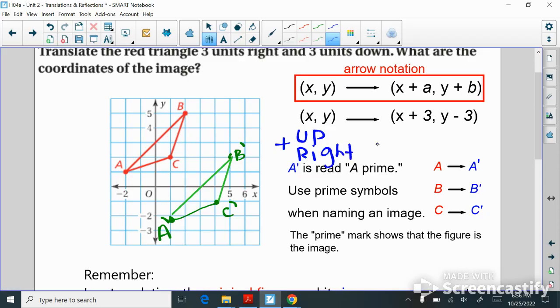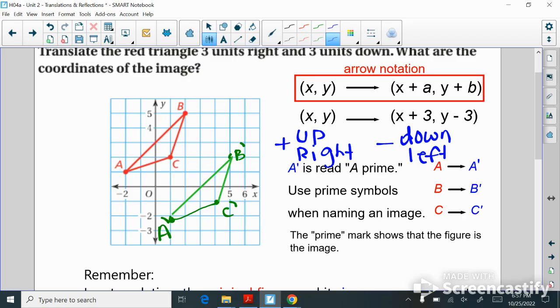And if there's a negative sign, it's left or down. So right and left is going to be your x-axis. We're moving left and right on the x-axis.